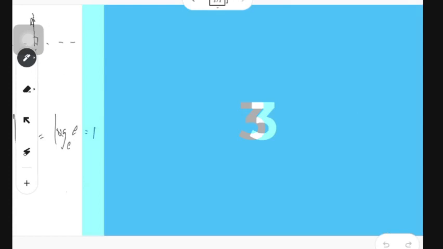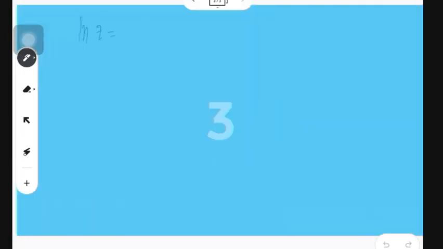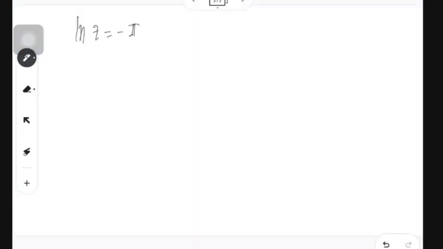And to take the anti-natural logarithm, we have the ln of z as negative pi over 2. When we say take the anti-natural logarithm, simply raise to e both sides of the equation. And e to the ln of z, that is the result.